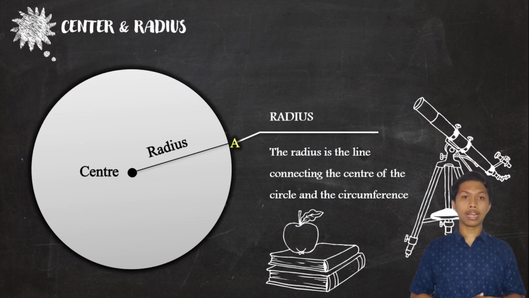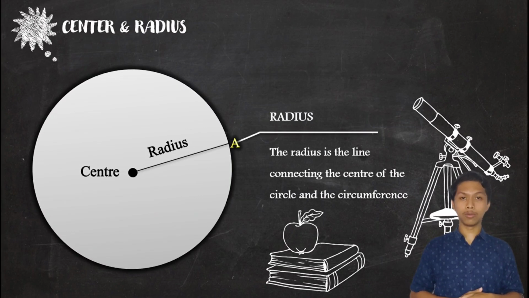In other words, the radius is the line connecting the center of the circle to every point on the circumference of the circle. Radius is important because it is the distance from the center of a circle to any other point around the circle. And even though a circle only has a one-dimensional radius, you can draw as many lines of radius as you want.